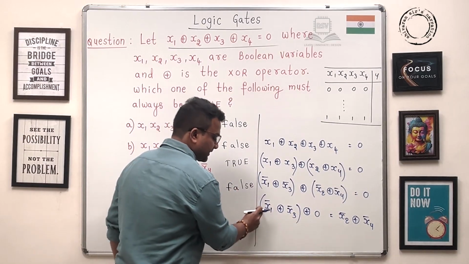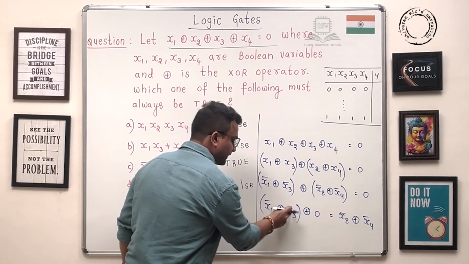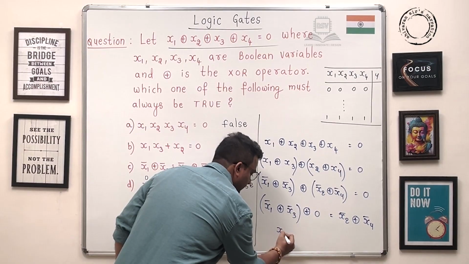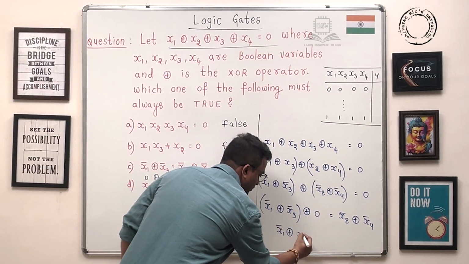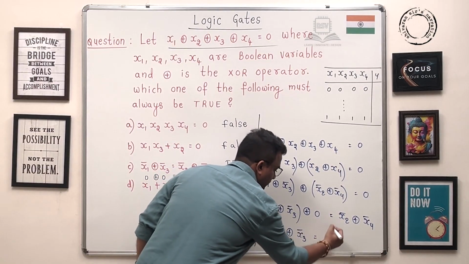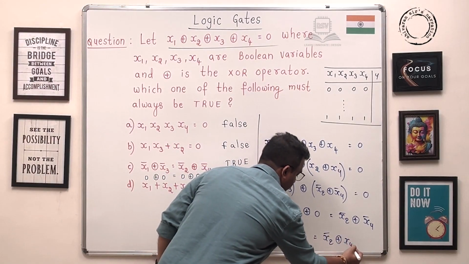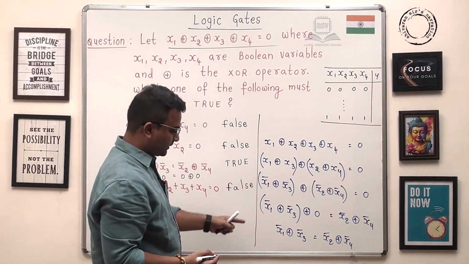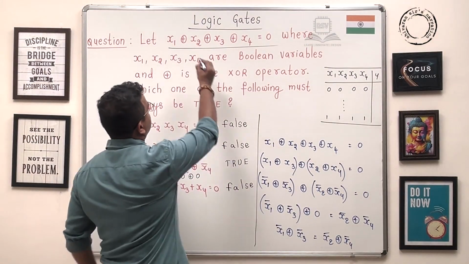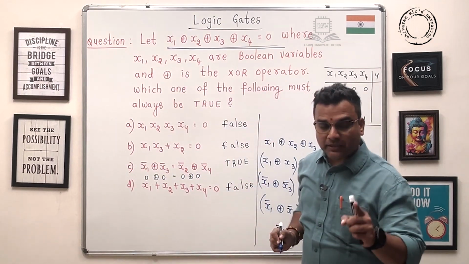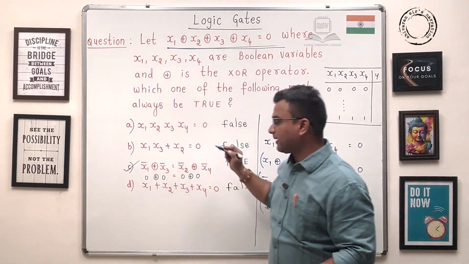Here x1 bar XOR x3 bar XOR 0 is x1 bar XOR x3 bar, which is equal to x2 bar XOR x4 bar. Hence this condition is true as per the given statement. Hence we can say option C is the right answer.